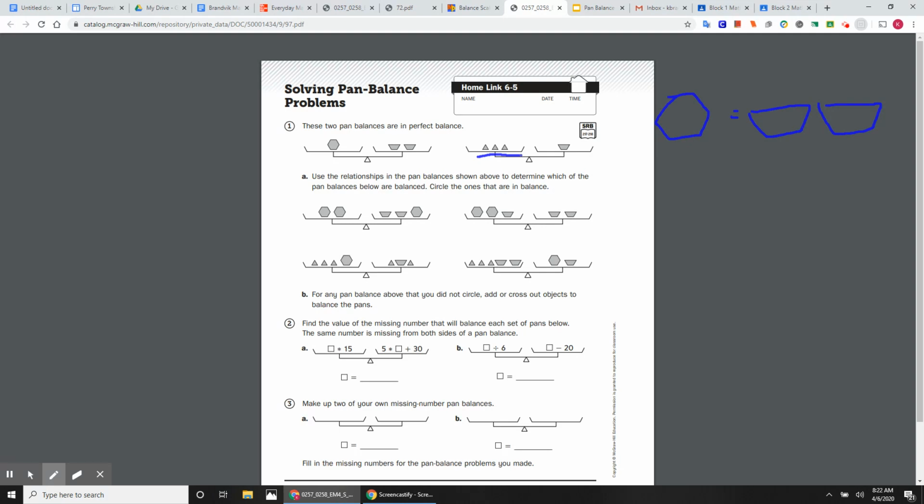So if 3 triangles equals 1 of these halves, or a trapezoid, how many triangles would a full hexagon equal? So if 1 half equals 3, then a full hexagon would equal 6 triangles.